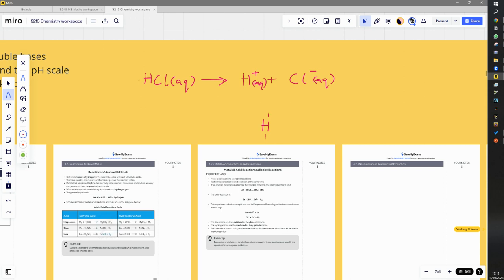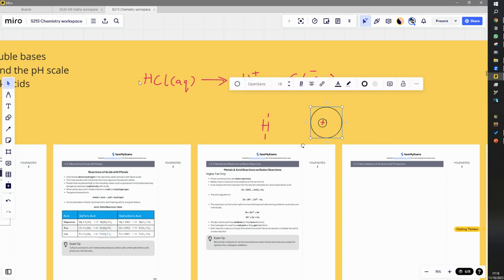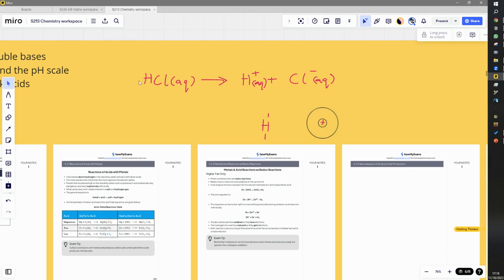So we've got 1 proton, and we've got no neutrons, because if I had a neutron, the mass number would be 2. And so if we put the shell around it, it has to have an electron to cancel out the positive charge.